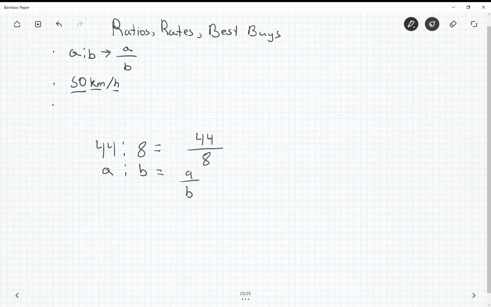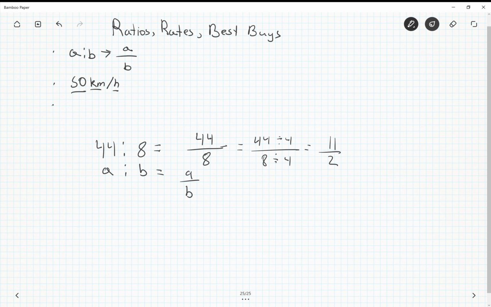So now 44 over 8, well, we can see that 4 is a common factor. So if we do 44 divided by 4 over 8 divided by 4, that would equal 11 over 2.